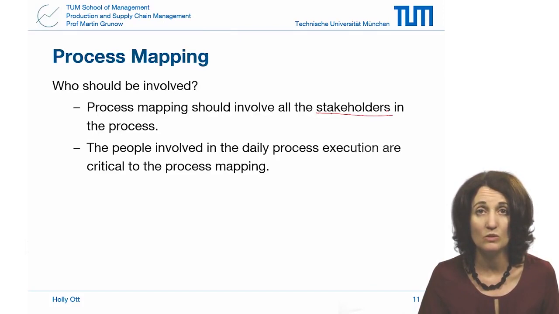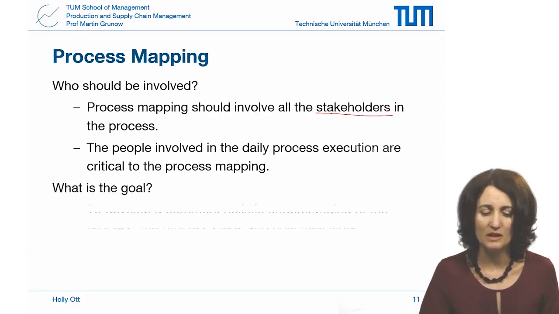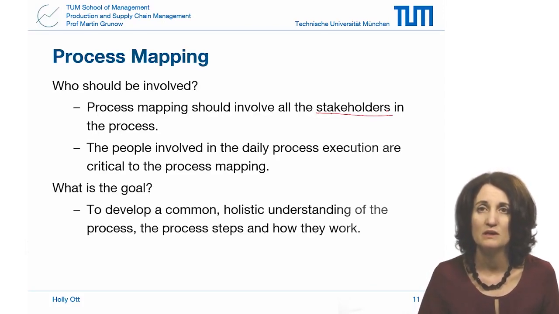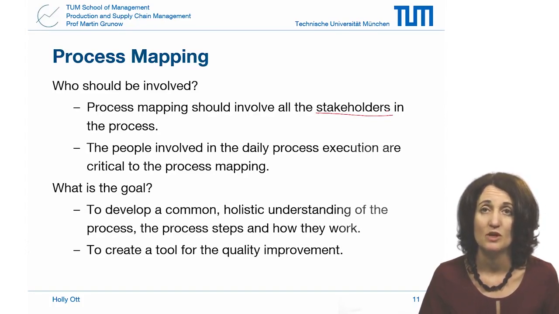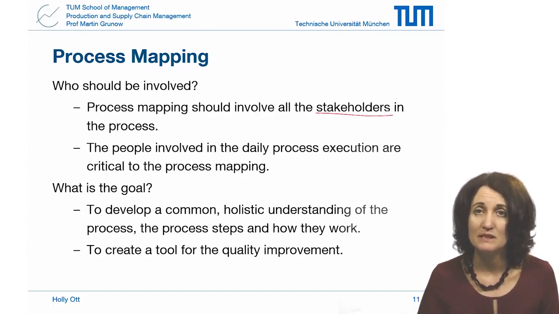And what is the goal of the process mapping? It is to develop a common, holistic understanding of the process steps, and how they work. Creating a tool for quality improvement. Once the process is mapped, it can be better understood, analyzed, improved, and managed.